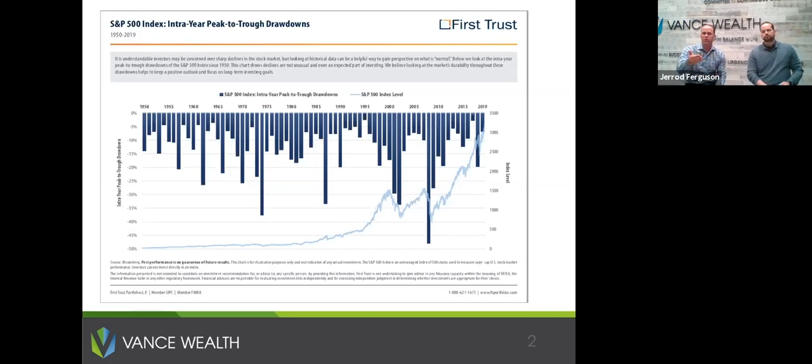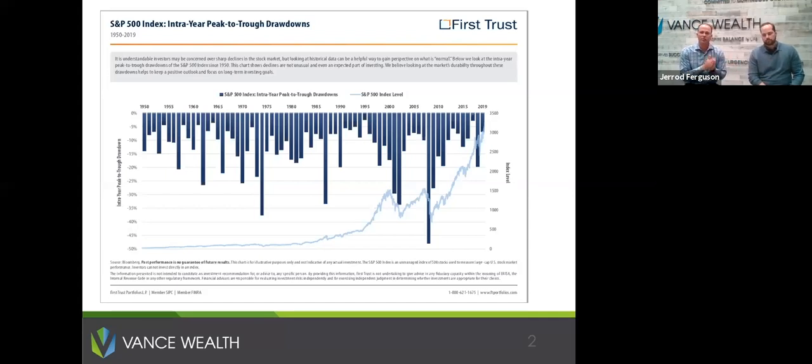Because we know volatility is part of investing, we set up an asset allocation plan with a certain amount of money in cash, bonds, and stock assets like US stocks, international stocks, as well as real estate. We set aside enough money in safe assets.